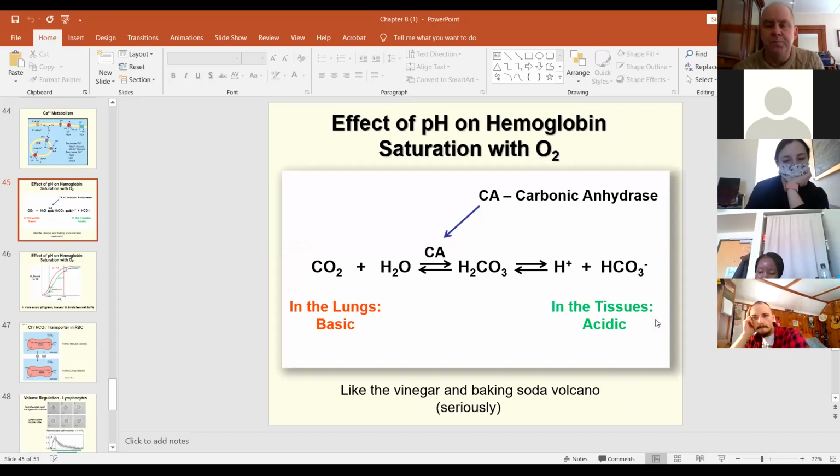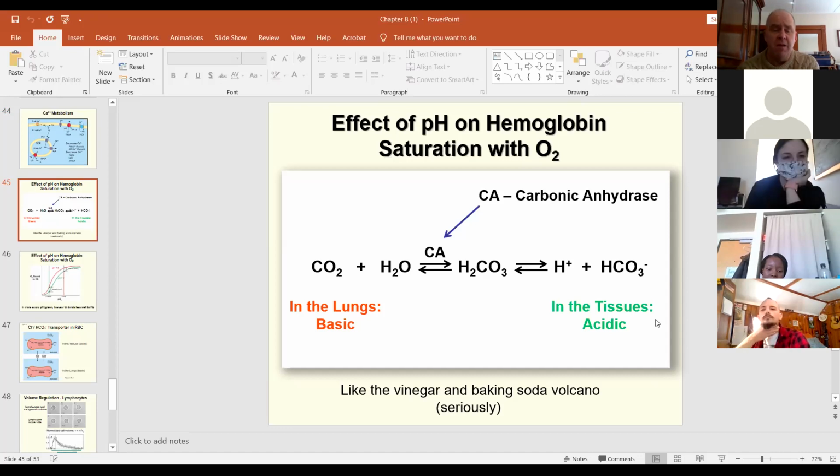Okay, so next thing to talk about is how transporters are used to help your red blood cells transport oxygen. And it has to do with pH to a certain extent, not totally, but to a certain extent. Hemoglobin's extremely good at transporting oxygen.